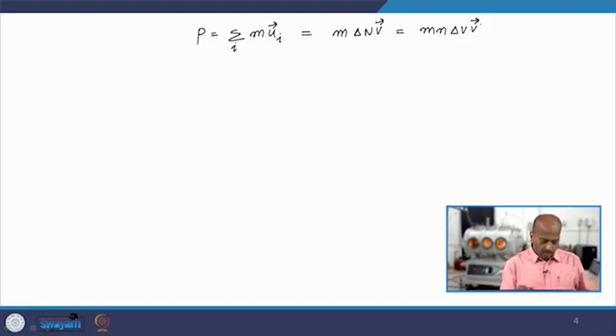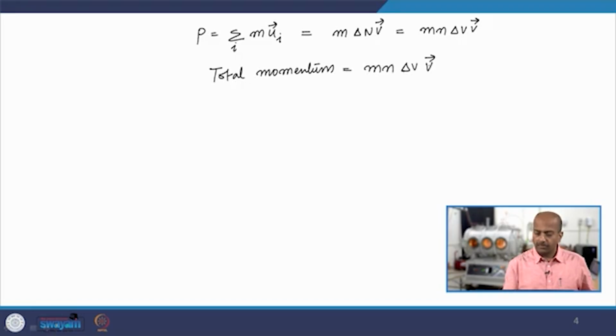Right. So, this is now the momentum, this is the total momentum. So, total momentum is equals to m n delta v v cap.